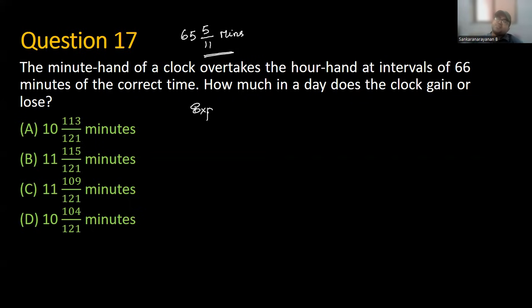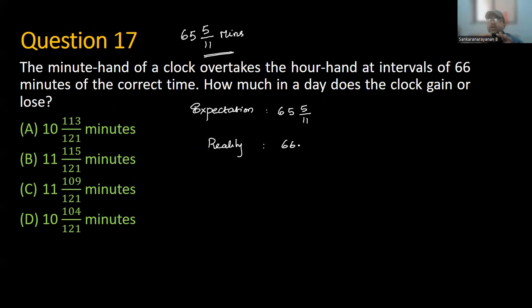So the expectation is that the coincidence should happen in every 65 and 5 by 11 minutes. But in reality, you know what is happening? The coincidence is happening at a gap of 66 minutes of the correct time.